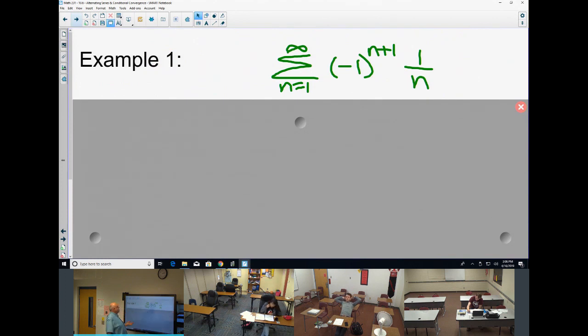All right. So now let's look at this. We want to know, does this series converge? Now it has the alternator. So what you do is you cover the alternator up and just look at 1 over n, and see if it satisfies the criteria.